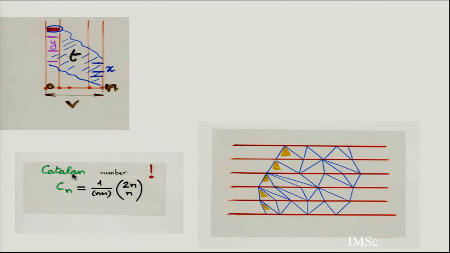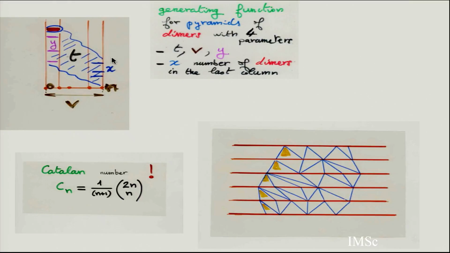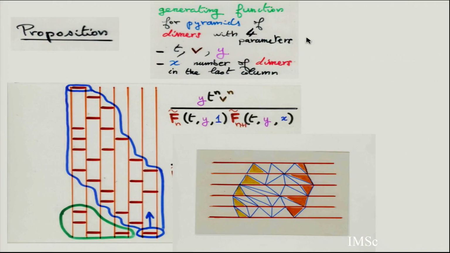We put this in bijection with pyramids of diamonds, and we count these pyramids with 4 parameters: the number of diamonds, the width, and the number of touches on the left column and on the rightmost column. This gives you a generating function. We have seen this generating function with beautiful modified Fibonacci polynomials. This generating function was the product of 2 generating functions. This is a general ellipse, and this is a double half pyramid, which are in bijection with this triangulation with the left and right border conditions like this.